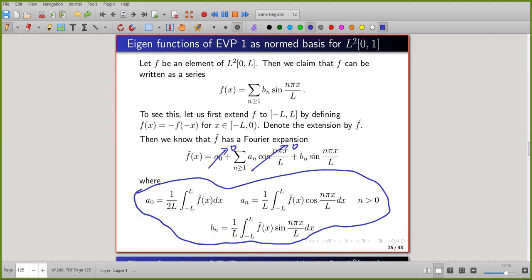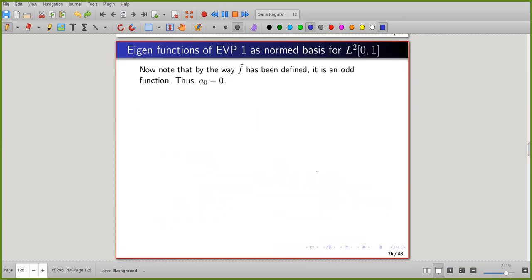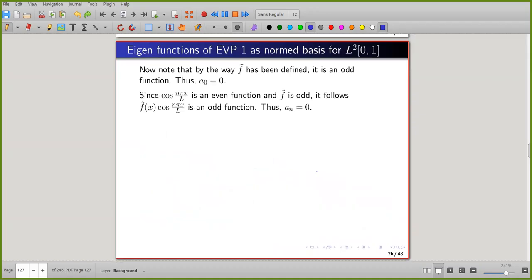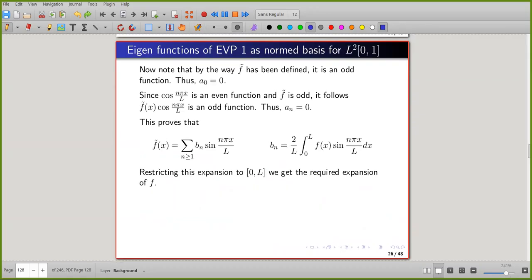So we are integrating an odd function from minus L to L, so the integral is going to be 0. Similarly for these An, cos is an even function, f tilde is an odd function. Therefore their product is an odd function, and therefore the An are 0. Thus A0 is 0, and similarly all the An are 0.